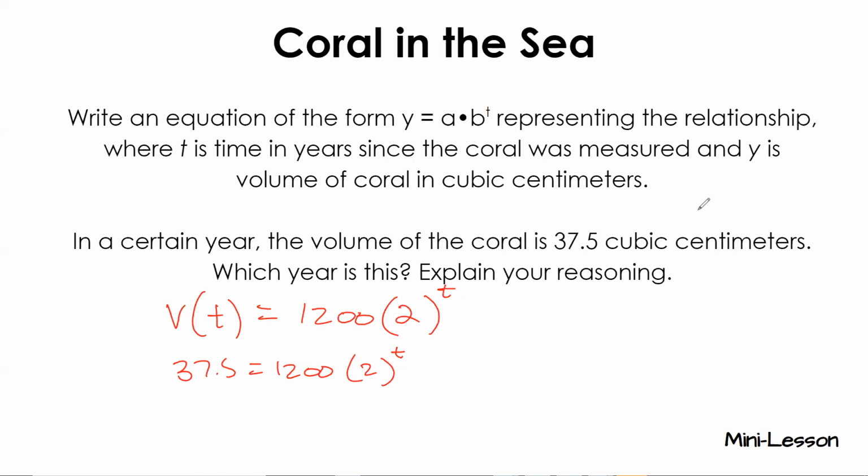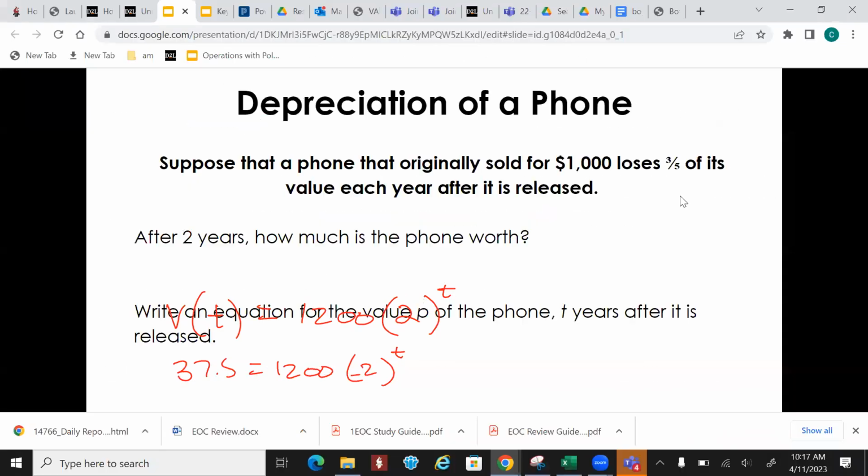Well, we've got this 2 raised to an exponent, right? So that's not going to work. But we could divide that 1,200 on both sides. What's another way, though, without having to really do much math? We could plug it in Desmos. Let's try that really quick. Again, I don't want to have to do math.